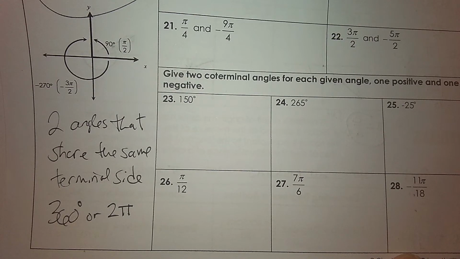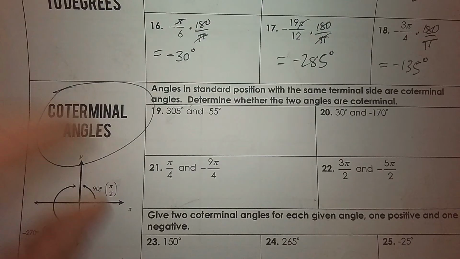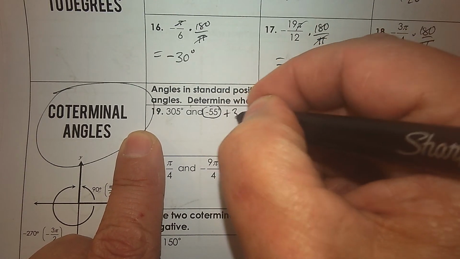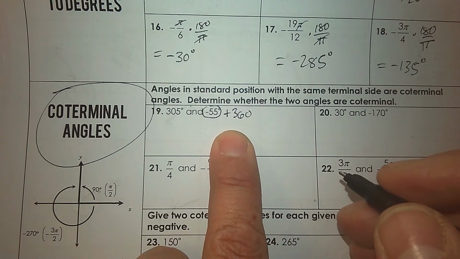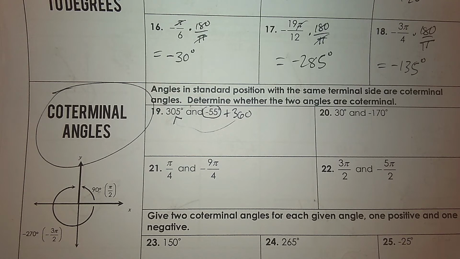All right, let's go back to 19. How will I know if they are coterminal? Take the smaller angle, and what are you going to add to it to see if they're coterminal? If you add 360, what should the answer be? If it's not 305, they are not coterminal. So what's the magic number you're adding or subtracting? 360.